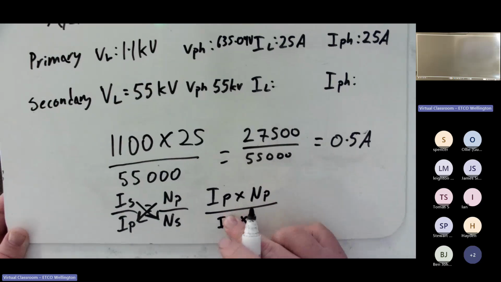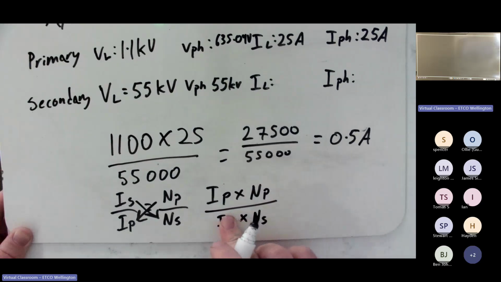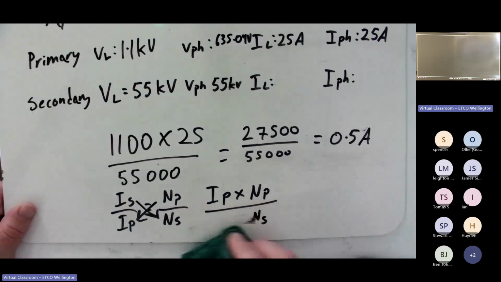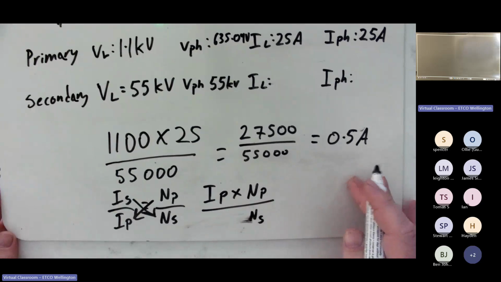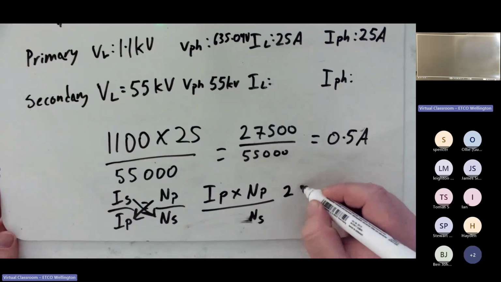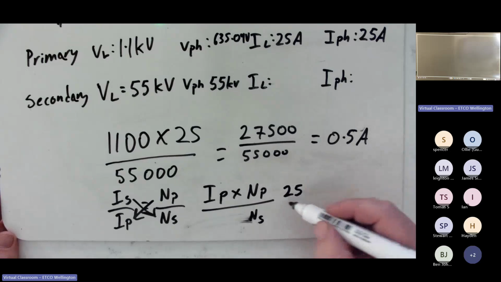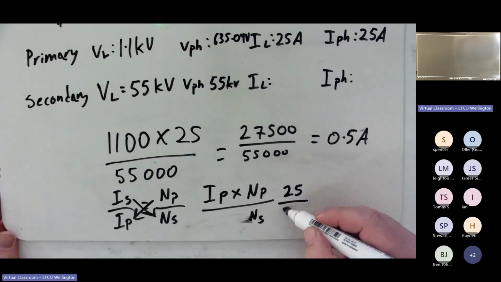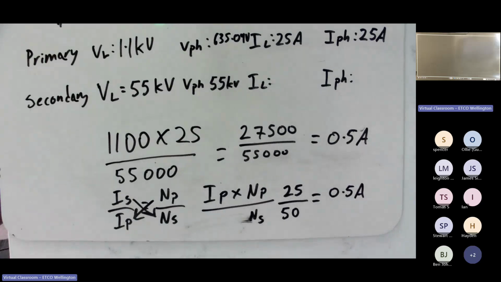We're trying to figure out I secondary, so we just have NS. So I primary, 25 times 1, it's not going to make a difference, divided by 50, which gives us 0.5 amps.